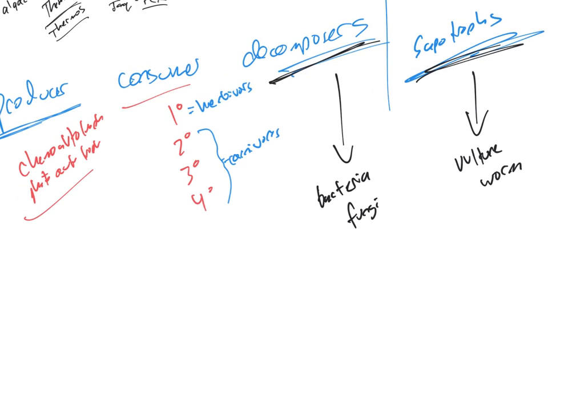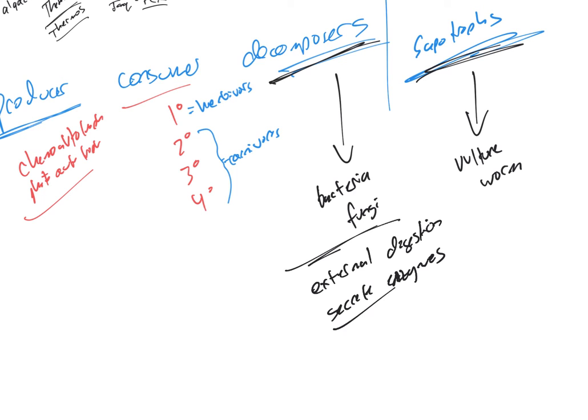Now, the difference between these two is internal versus external digestion. Decomposers have external digestion. They secrete enzymes that break down the material and then they absorb it.